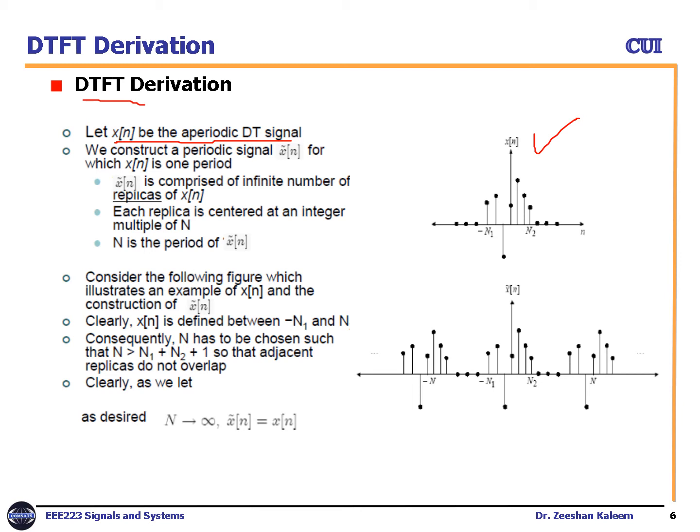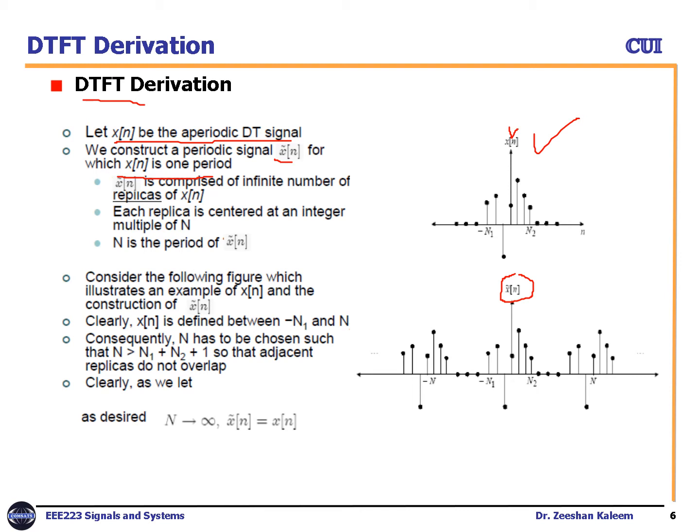We construct a periodic signal x tilde of n for which x of n is one period. So by using this aperiodic signal x of n, we can construct x tilde of n, another signal which is periodic. How is it periodic? We repeat x of n, taking a number of copies, like replicas of x of n, after a specified interval.